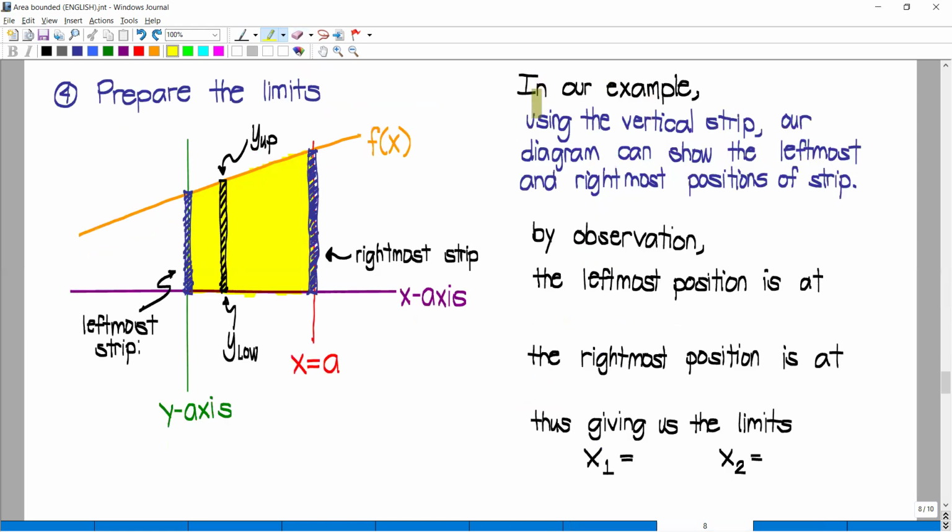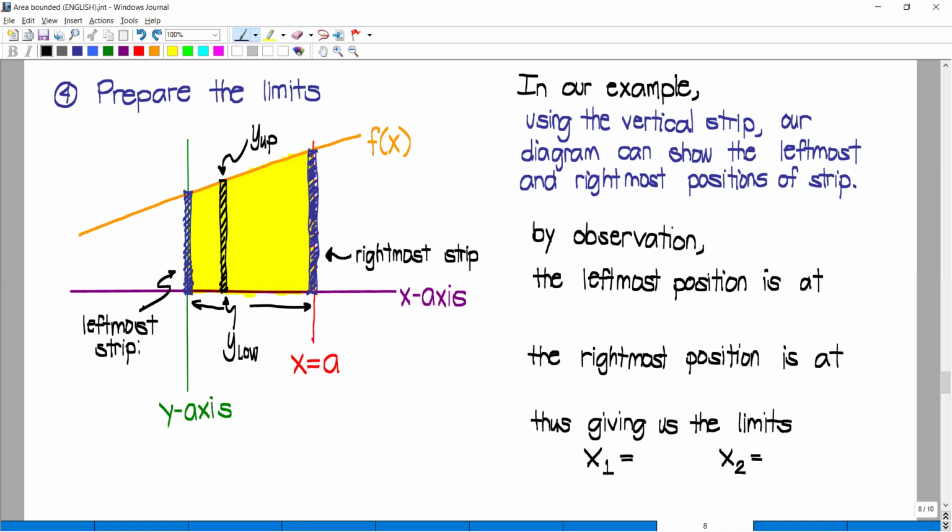So in our example, guys, since we use a vertical strip, the vertical strip will change its position, going to the right or going to the left. As it goes to the left, this is the leftmost part. This will be the leftmost strip that we can see inside the area bounded. And here is the rightmost strip that we can see in the area bounded.